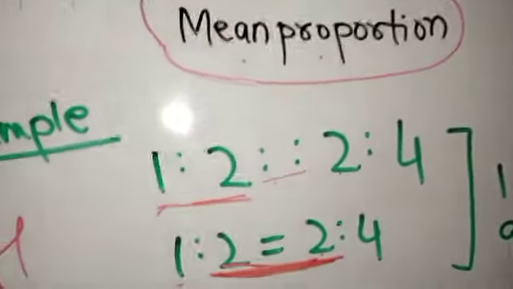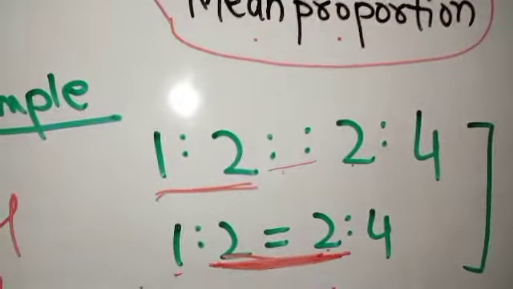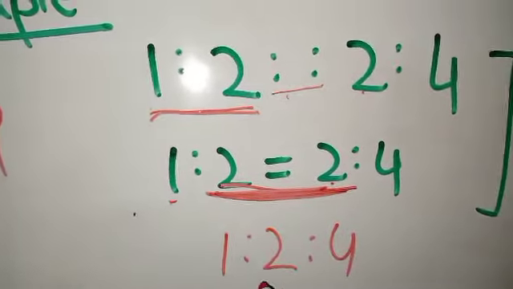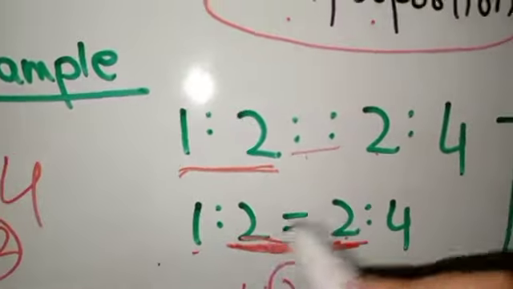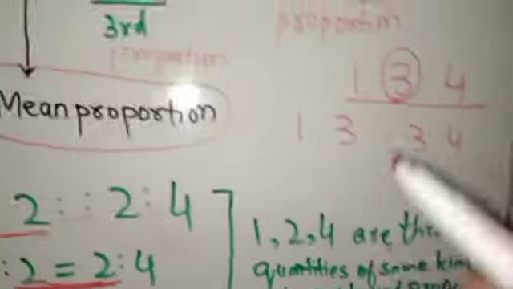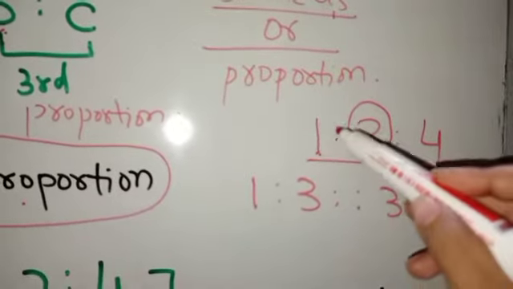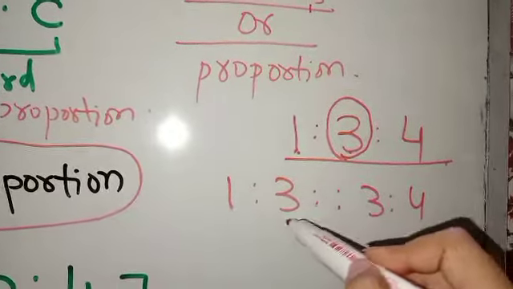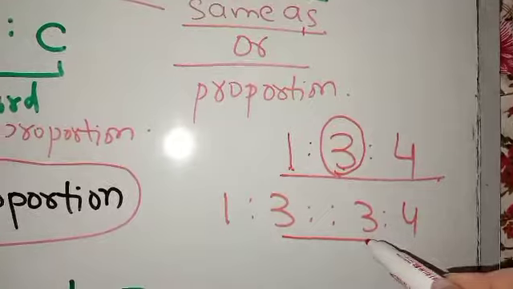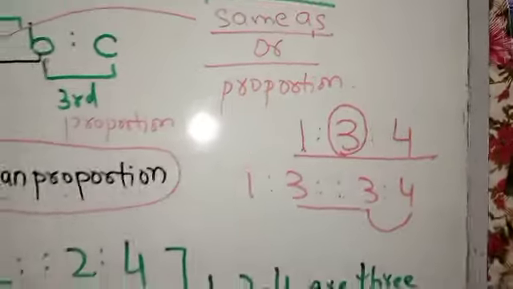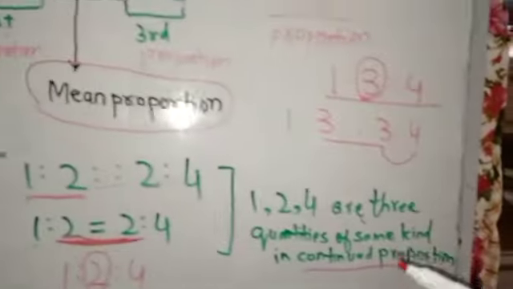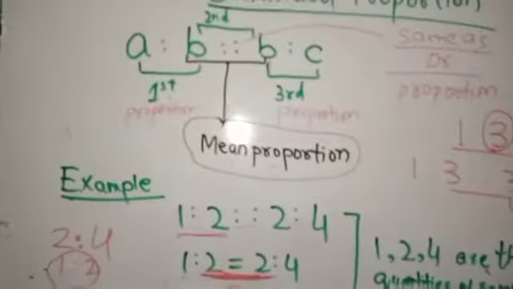Same thing is happening here, 1 is to 2 is to 4, so this 2 is repeating. And that's why they are called continued proportion, because they are continued. In the first one it is continued, then when it combines with the second proportion it continues, and then the third proportion, and that's why it is known as continued proportion.